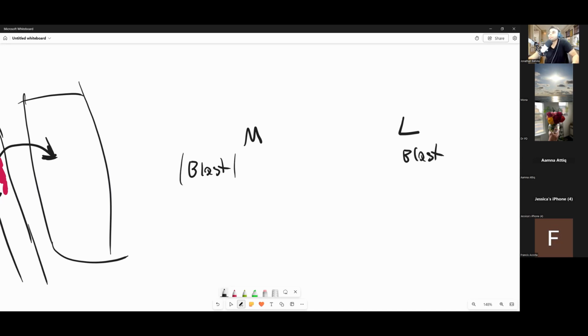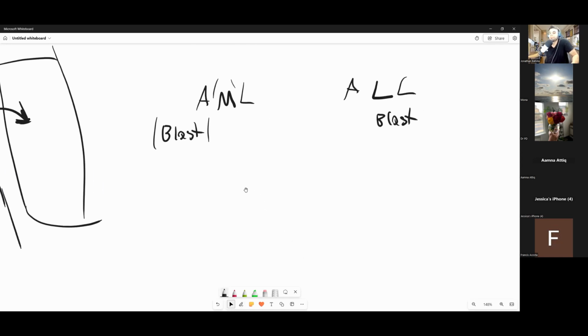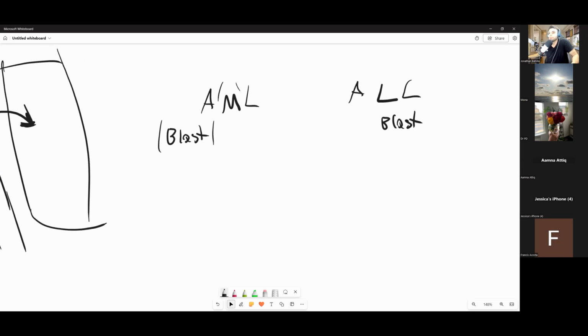They have, let's say, for example, AML versus ALL. What does that mean? I have to learn this language. Acute means that it's happening at a, let's say, a very early type of differentiation stage.